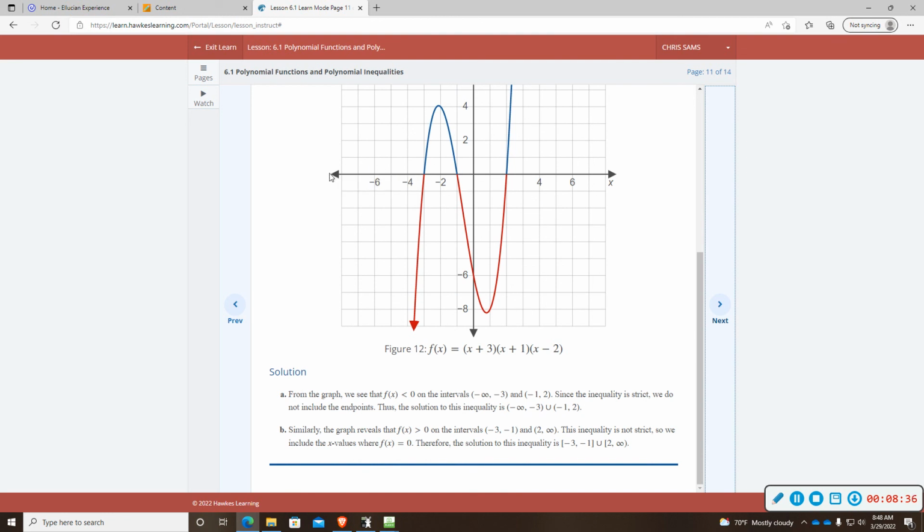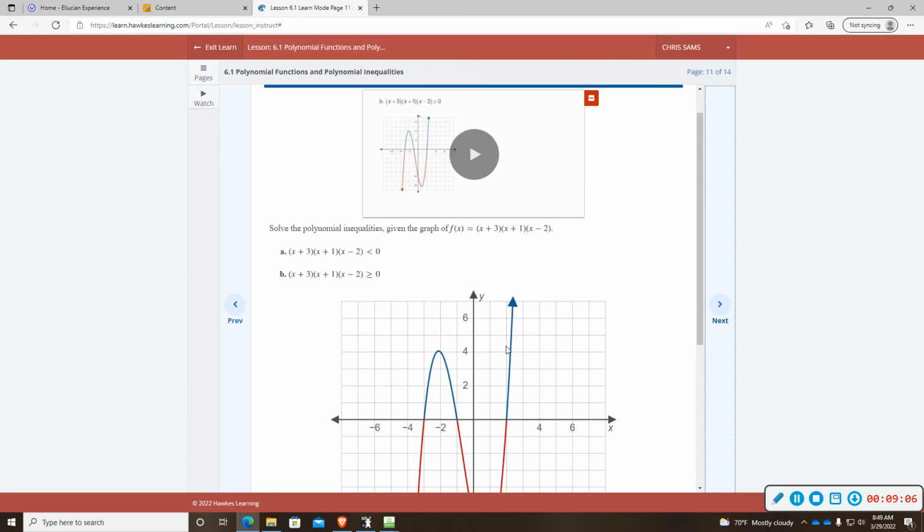So this graph is negative from the far left, negative infinity, all the way until we get to the x value, looks like -3, and that's what that interval is. And then it goes positive for a little while, and then starting at -1, it is negative, or below the x-axis, until we get to +2. So that's that interval. And then you always use the union to connect separate parts.